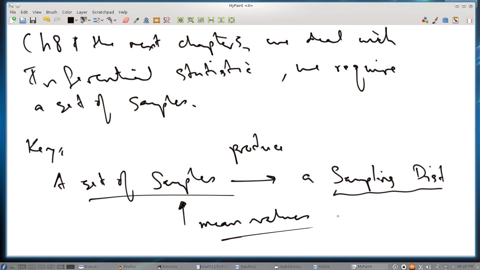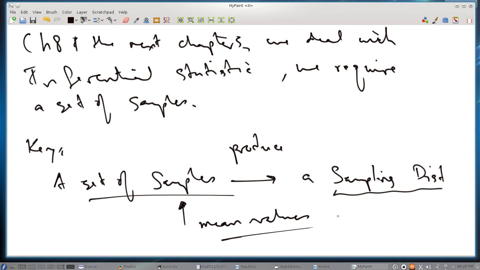The most important goal in sampling a population is that we must somehow obtain a sample that is representative of the entire population. So the samples must be representative of the entire population, reflecting the characteristics of the population. That is the most important element in the process of sampling the population.